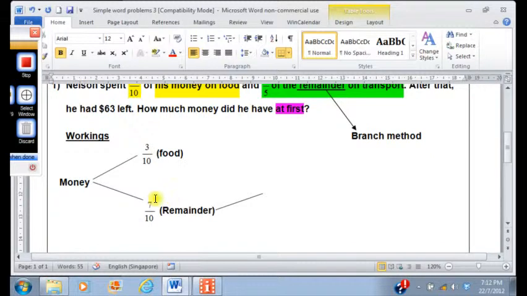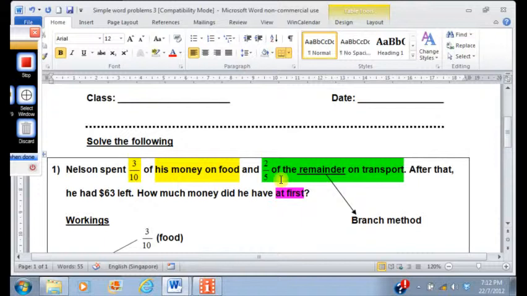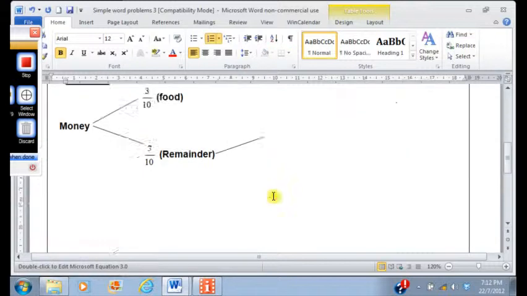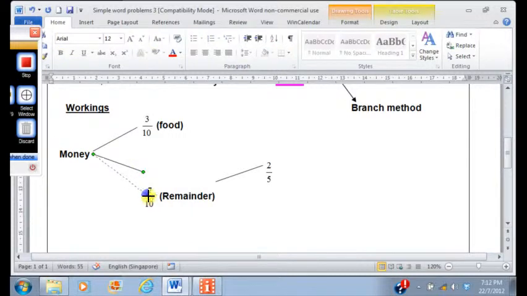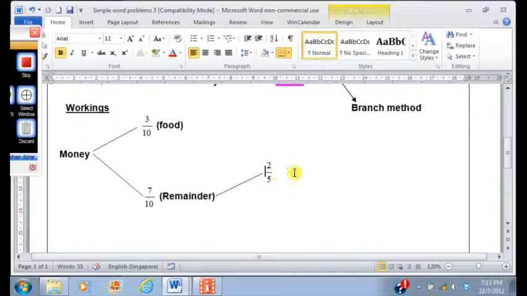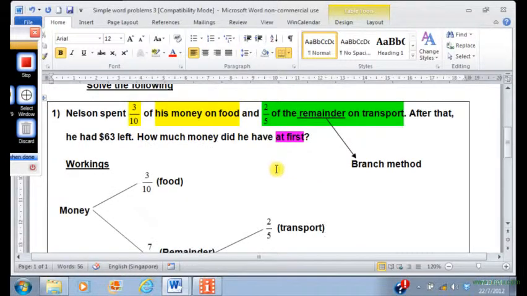From the remainder, we know that 2/5 of the remainder was used for transport, according to your question. Let's look at it again. Is it for transport? Yes.